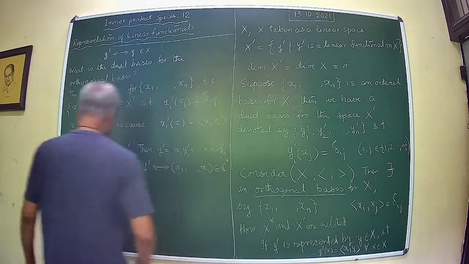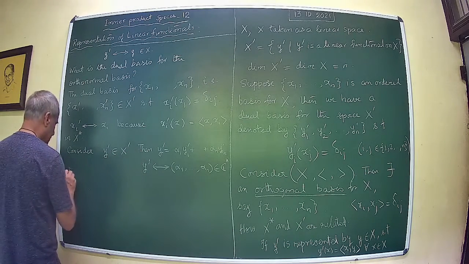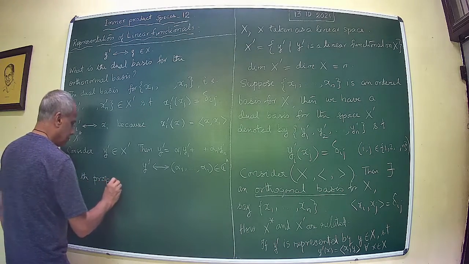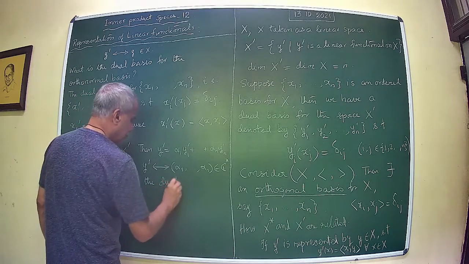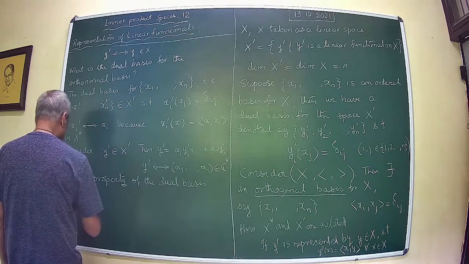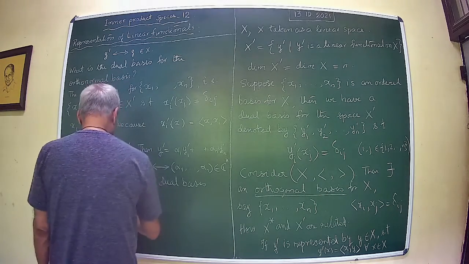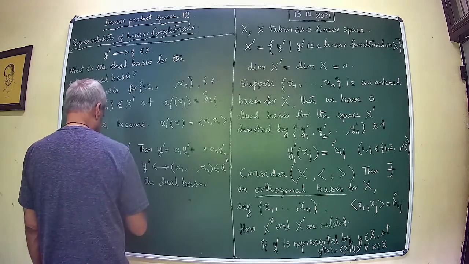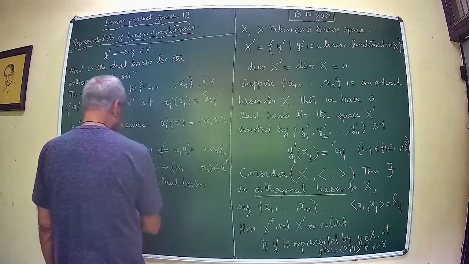Okay? And then what is this alpha i? We have alpha i equal to y prime of xi.